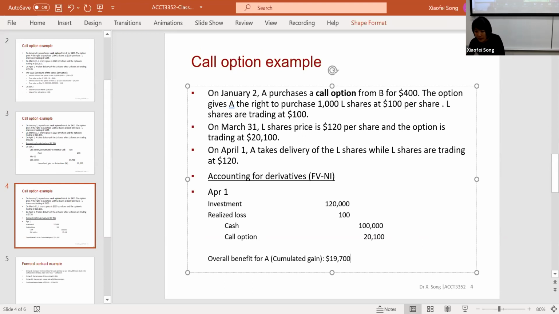Okay, and then there is a loss of $100 here. So the total benefit would be 19,600. So we would just look at it through our records, right?